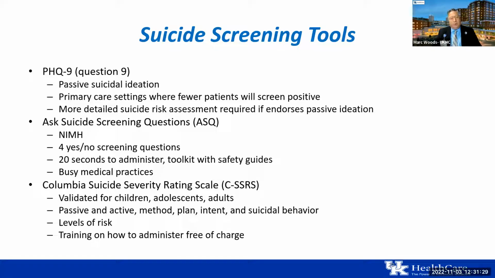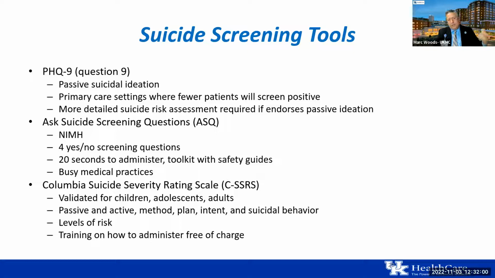That is what we use at UK Healthcare. We'll talk in the inpatient setting, and we'll talk a little bit more about that. But the PHQ-9 is also something that sometimes facilities or clinics might use. It really rates more passive suicidal ideation. And so if they do screen positive for this passive suicidal ideation, you'll have to do a more intense risk assessment for sure.